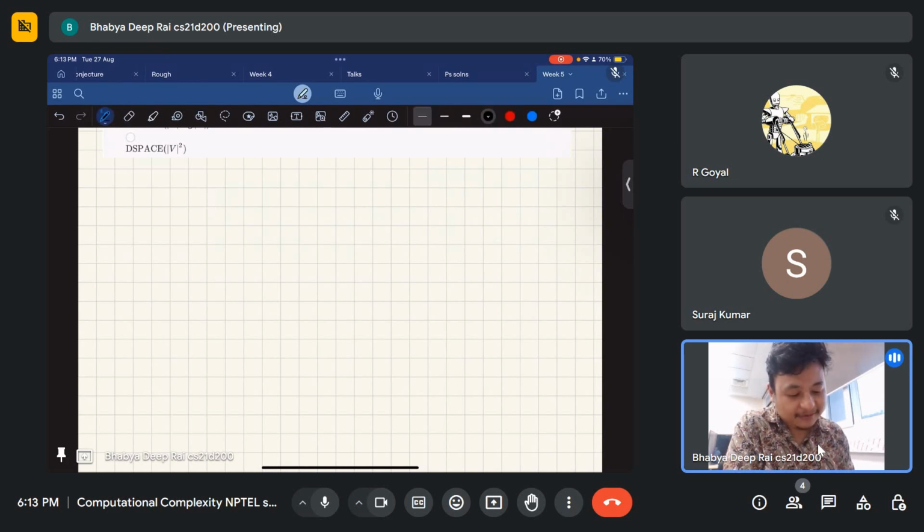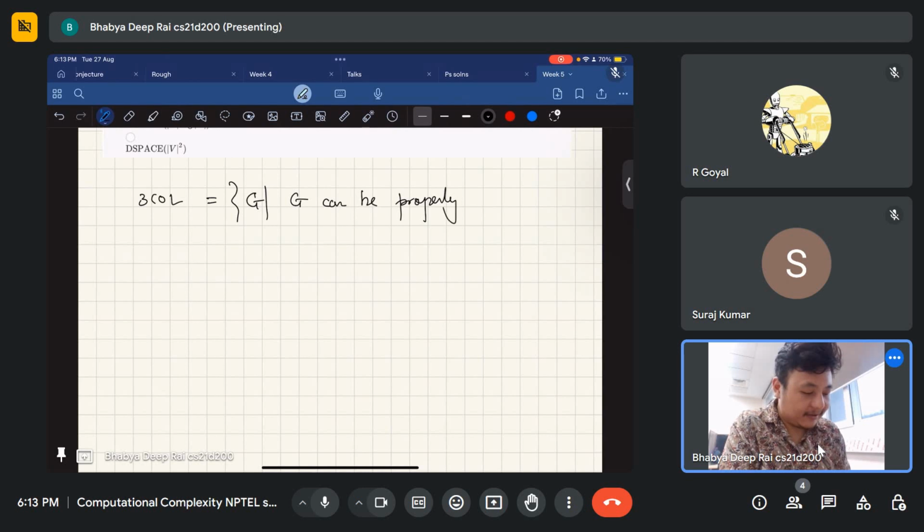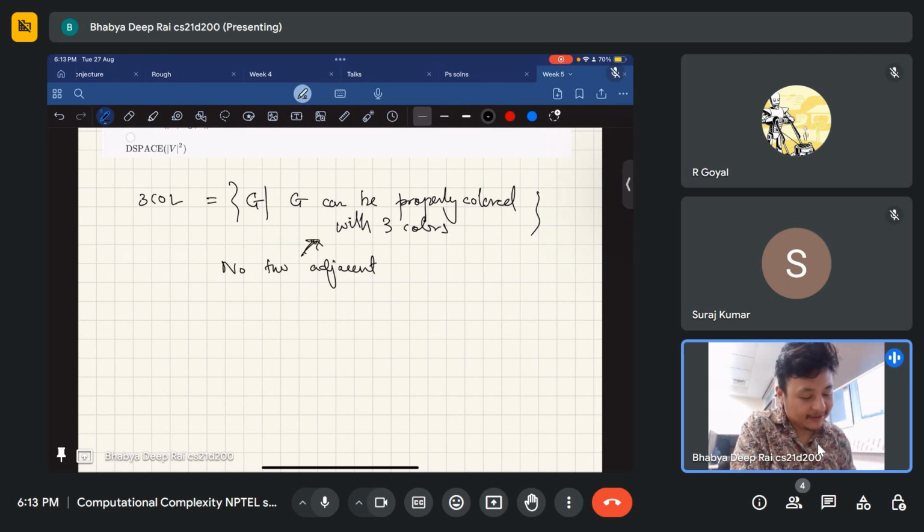So what is three colorable? Three colorable is all those graphs G that can be properly colored with three colors, which means that no two adjacent vertices can be colored the same color.